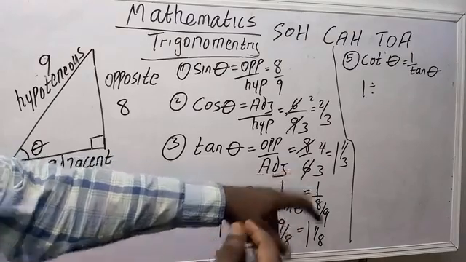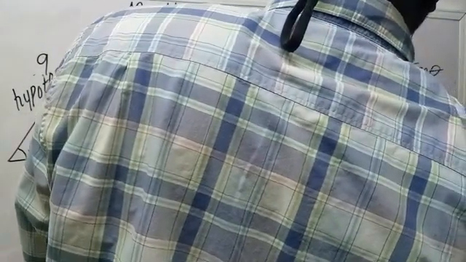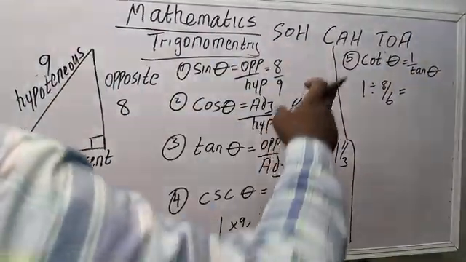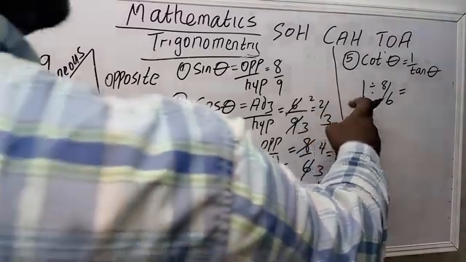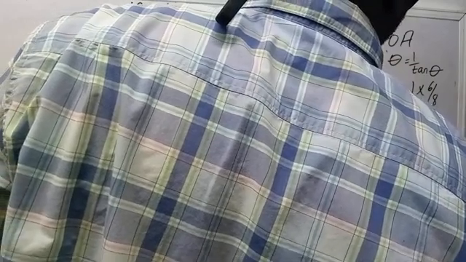That is 1 divided by our opposite, which is 8, over what? Our adjacent is 6. That is 1 times 6 over 8. The answer will now be 6 over 8. 2 here we have 3, 2 here 4. The answer is 3 over 4.